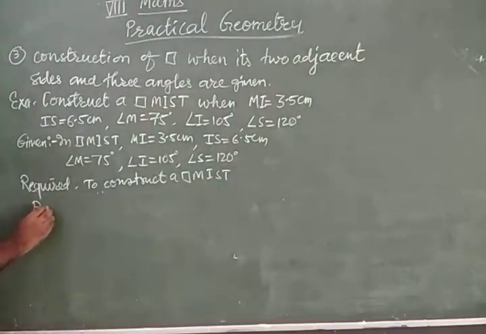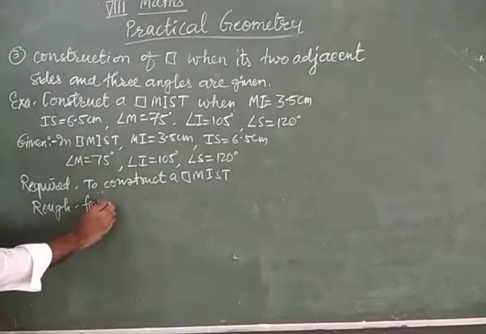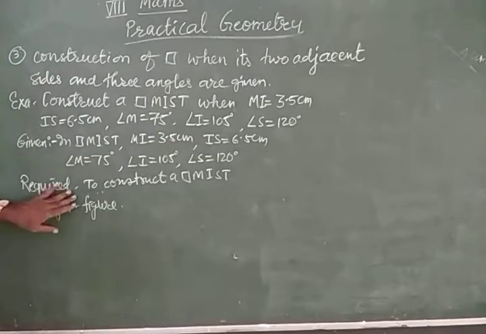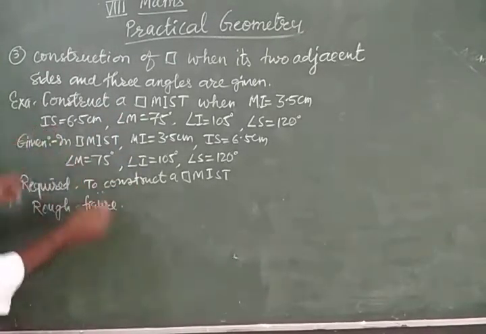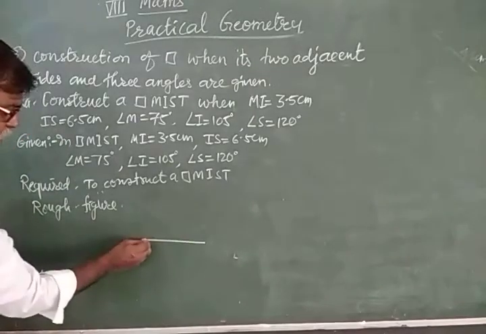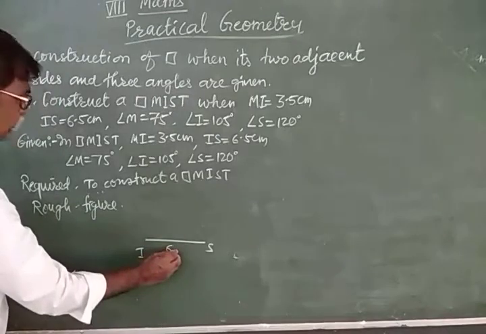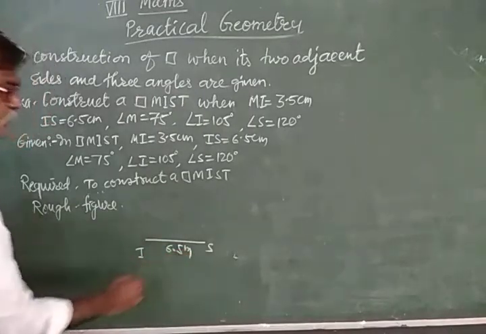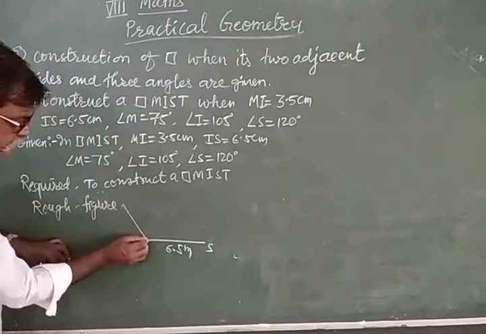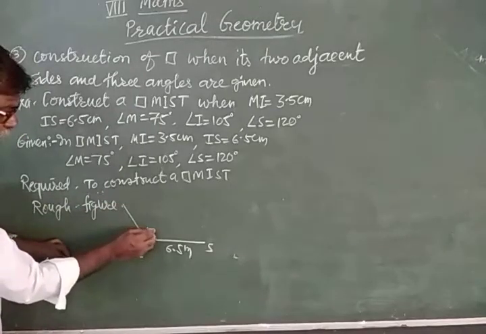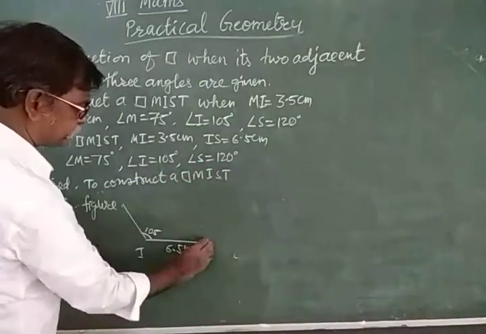It's a rough figure. MI and IS are given. So I will draw IS, 6.5 cm. Then angle I is 105 degrees, angle S is 120 degrees.